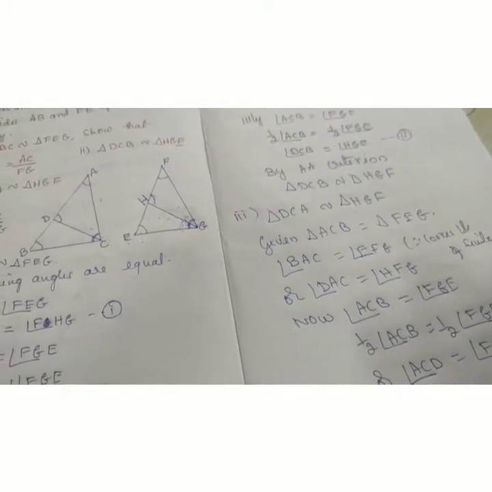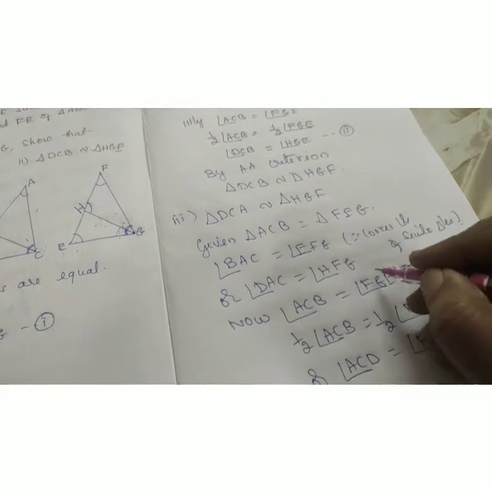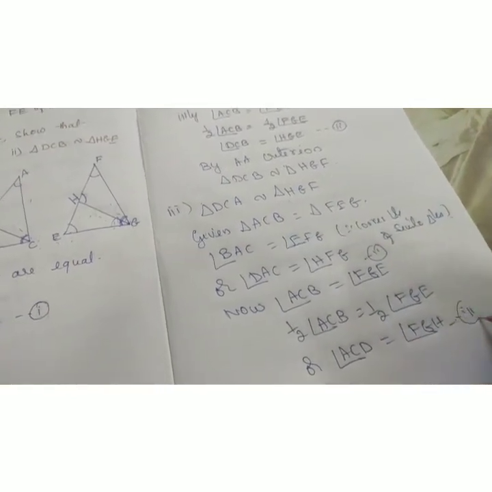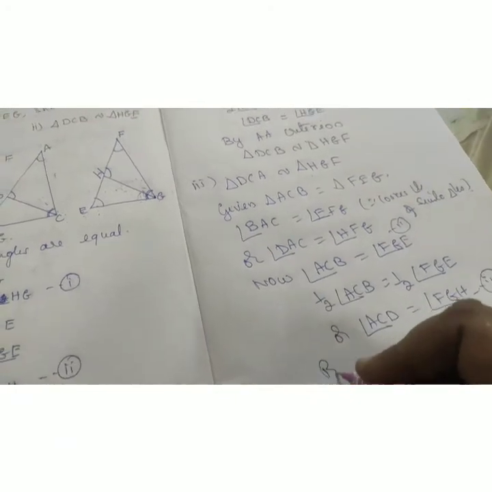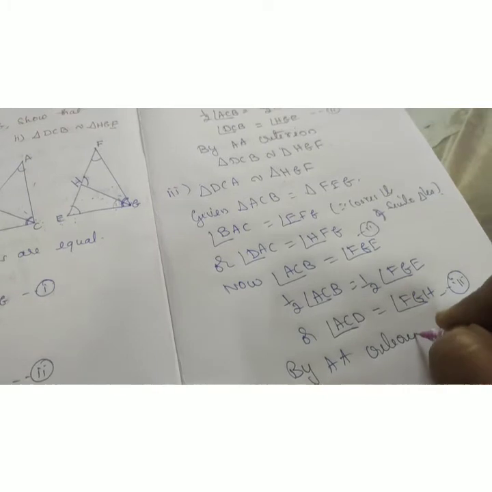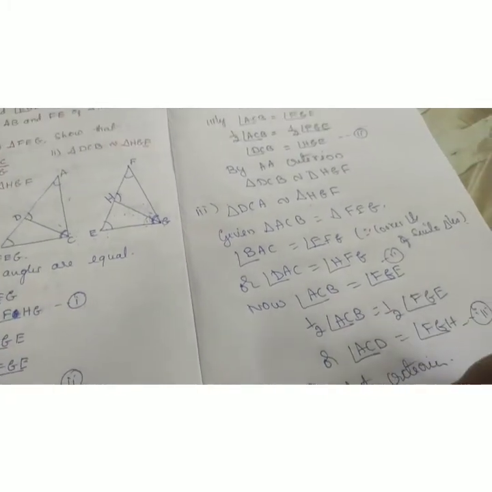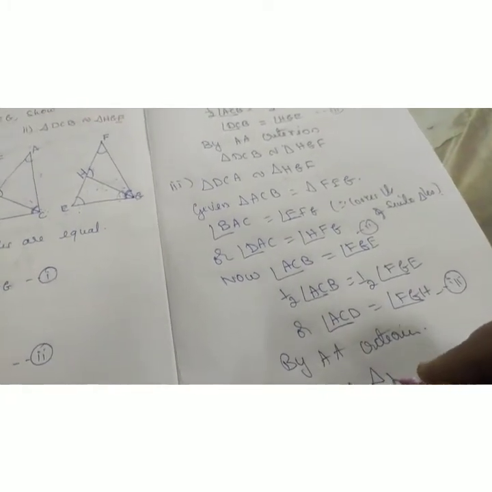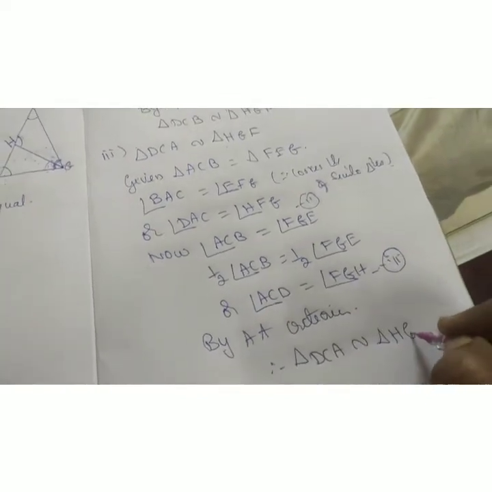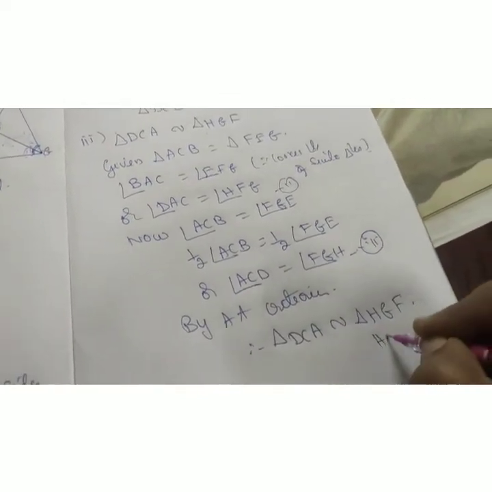So take DAC as 1, and ACD as 2. Again by AA criterion, two angles are equal. So therefore triangle DCA will be similar to triangle HGF, hence proved.